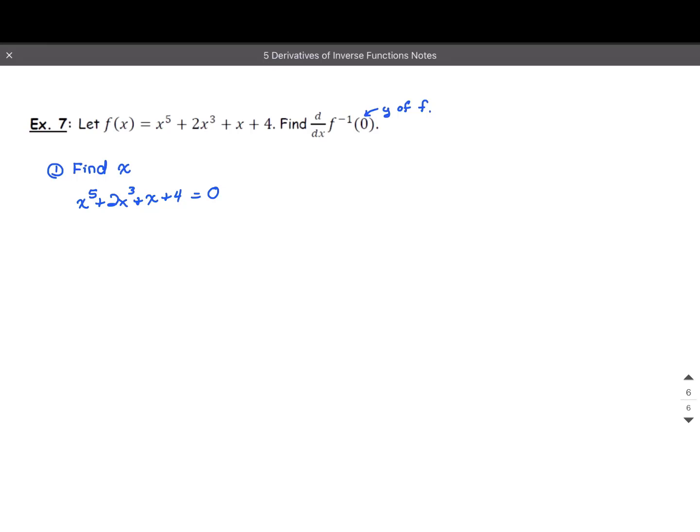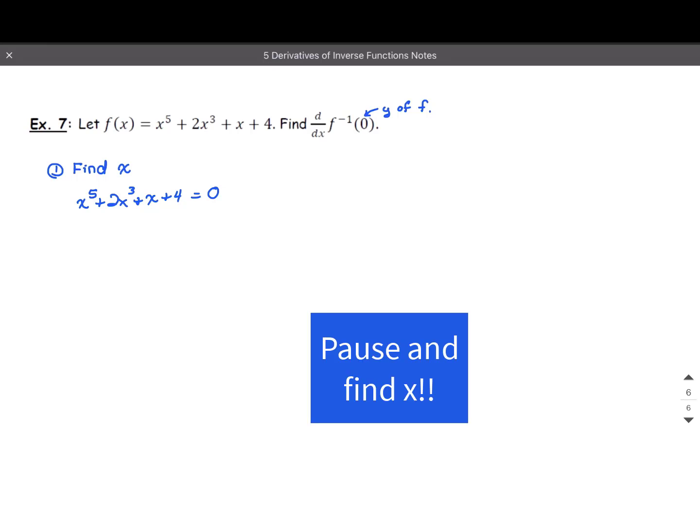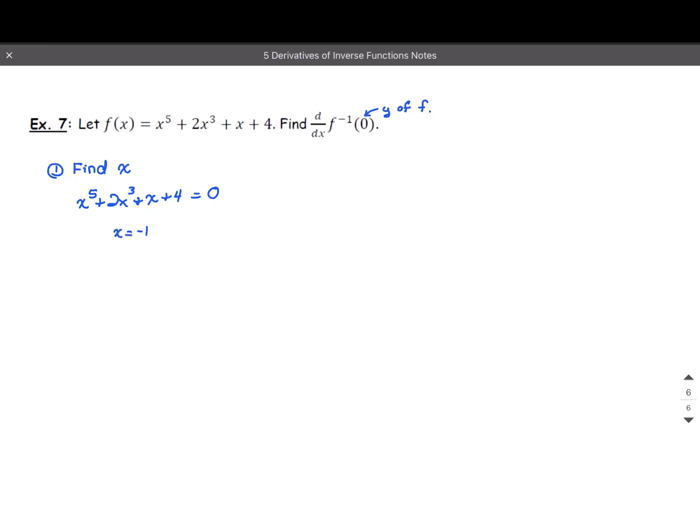Find that root, and it should be -1. Next step, we find f prime of x. The derivative of x to the 5th is 5x to the 4th, plus the derivative of 2x cubed is 6x squared, plus the derivative of x is 1, plus the derivative of 4 is 0.